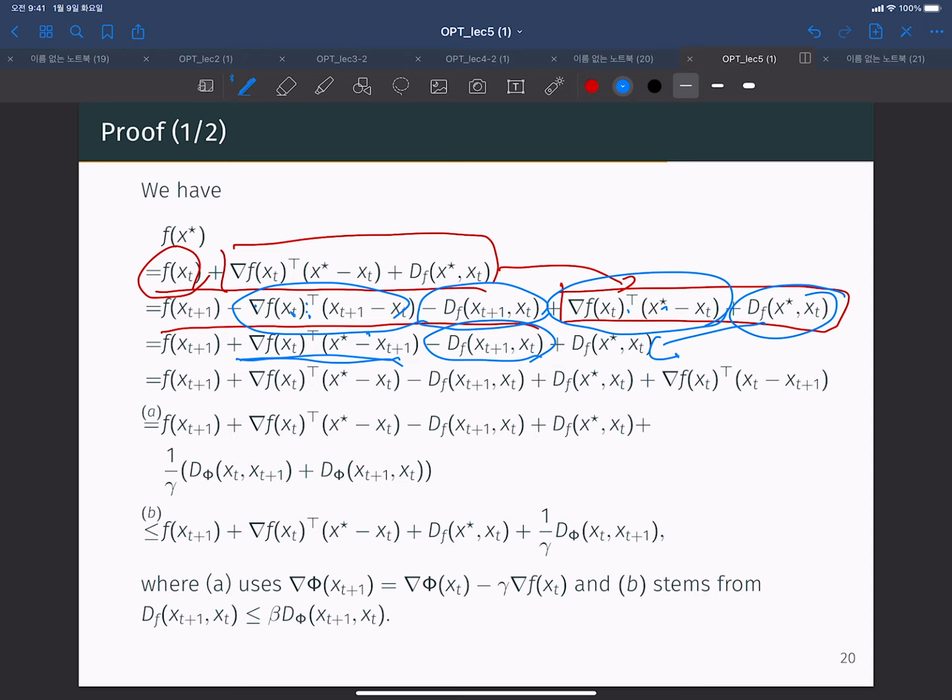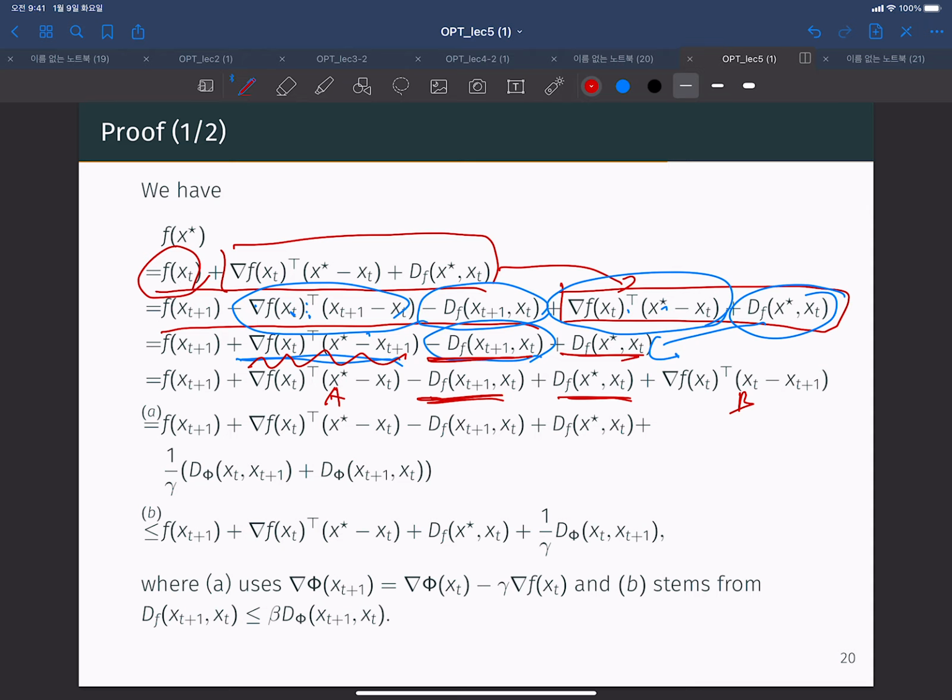For the next equation, we use the same term, this and this, and I just split this term into this plus this, a plus b.